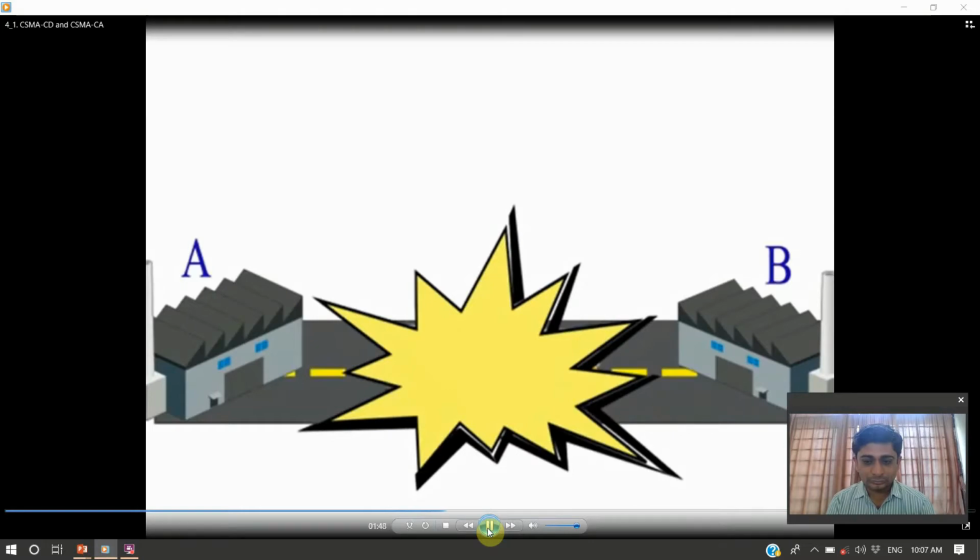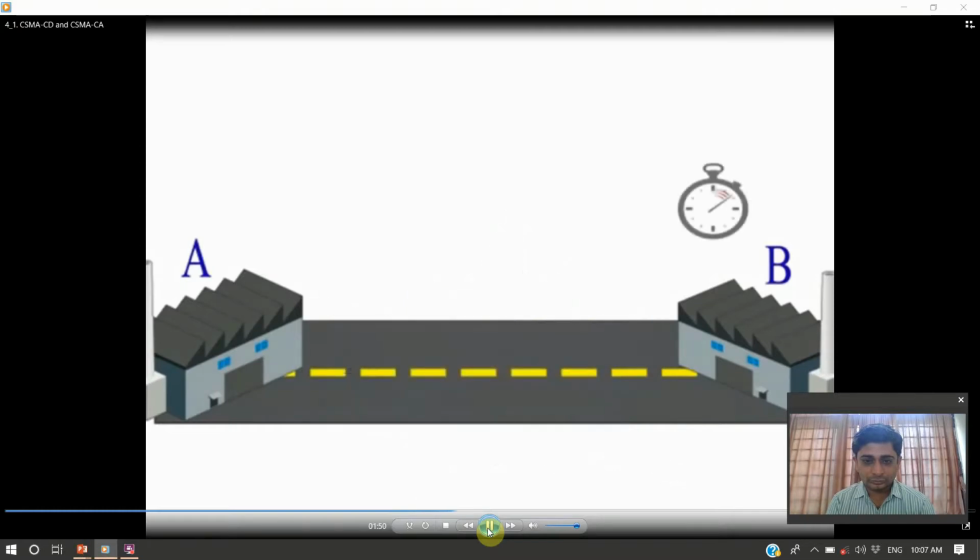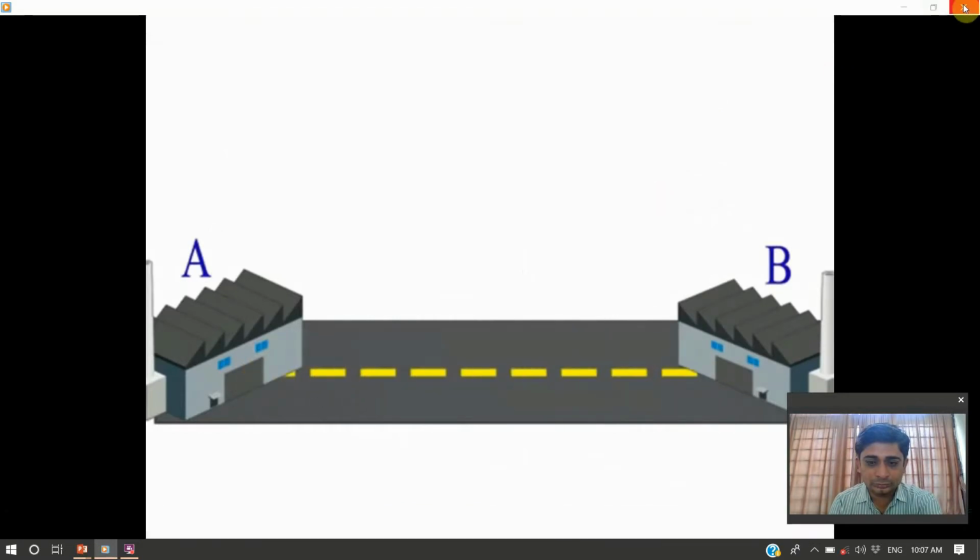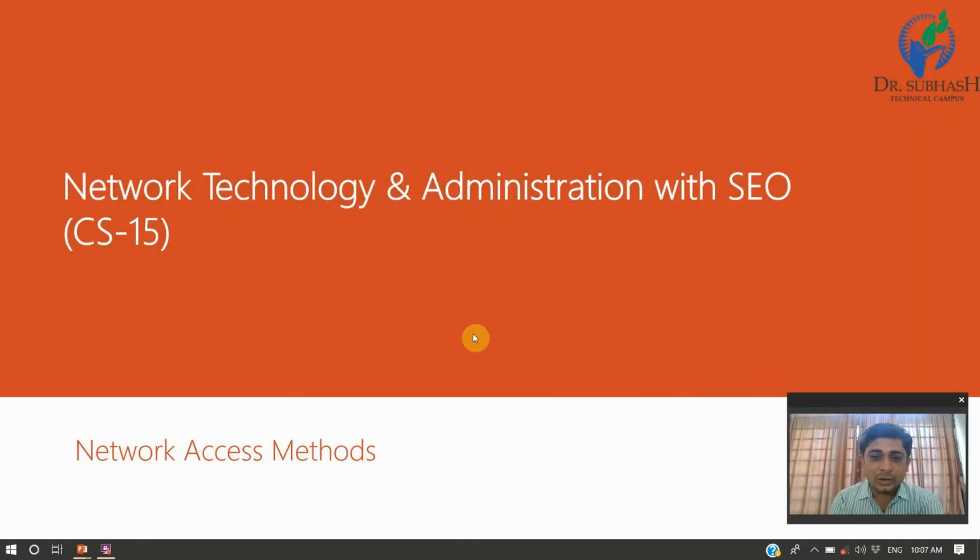After the collision, both warehouses then start a random timer and send their shipping trucks again after the time is up. If there are multiple collisions, the random timer is increased up to 16 times, then the shipment is discarded.